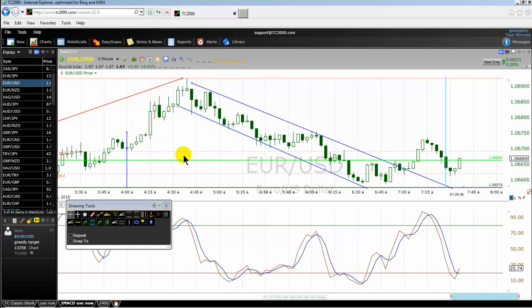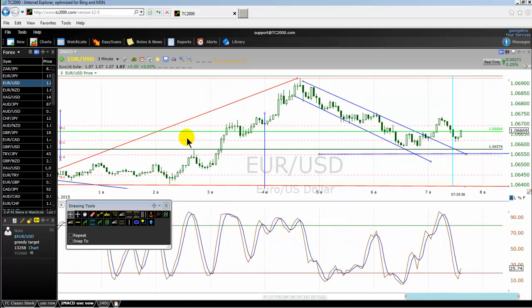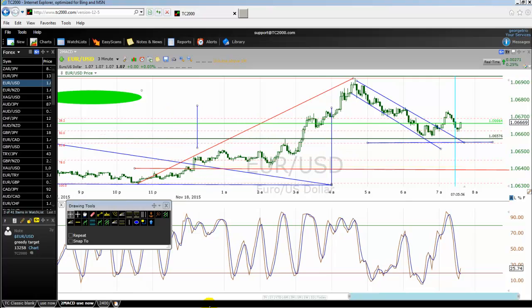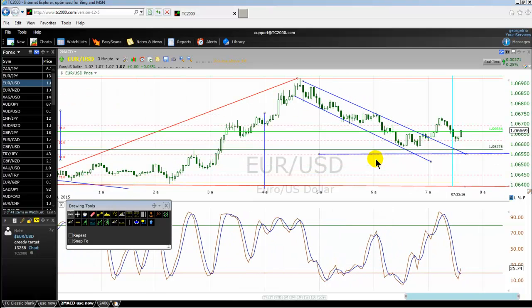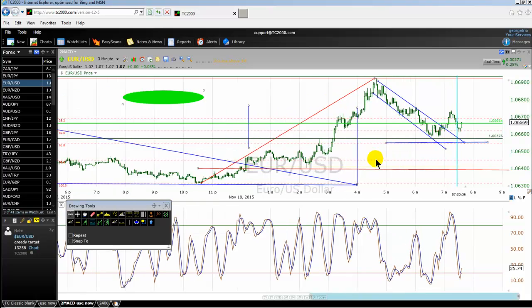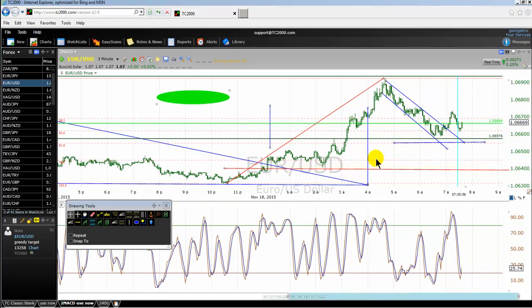Okay, let's now place our stop loss on these live charts. As I explained to you, talking about my trading style, my reasonable stop loss for day trading is 30 pips. So I enter at 10666.